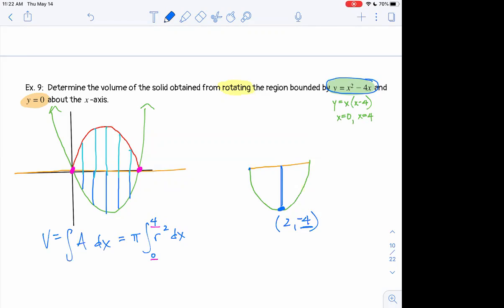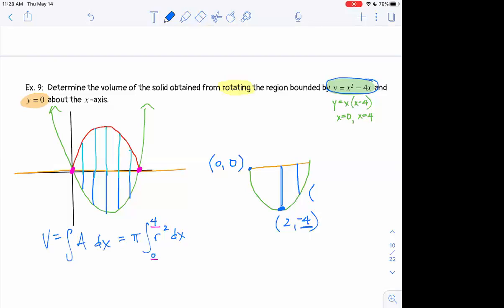What is the radius here? Zero. It is 0. Awesome. And that also happens to be the y value there. All right, let's try this one.